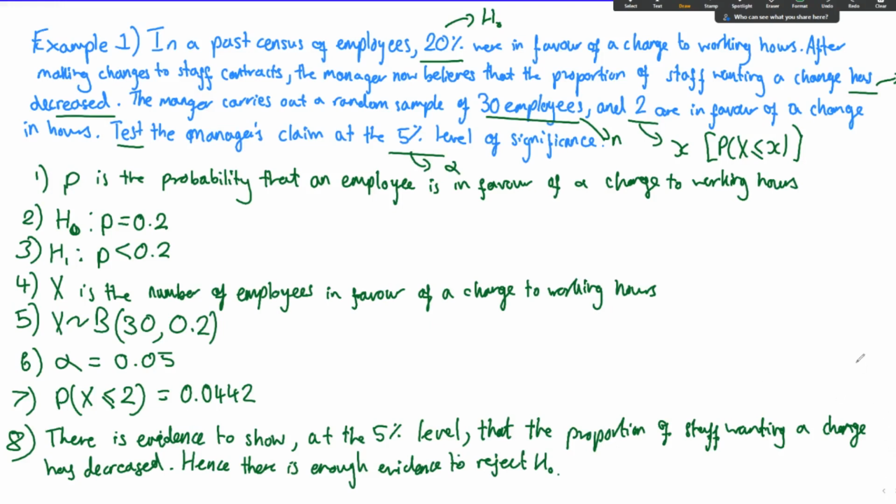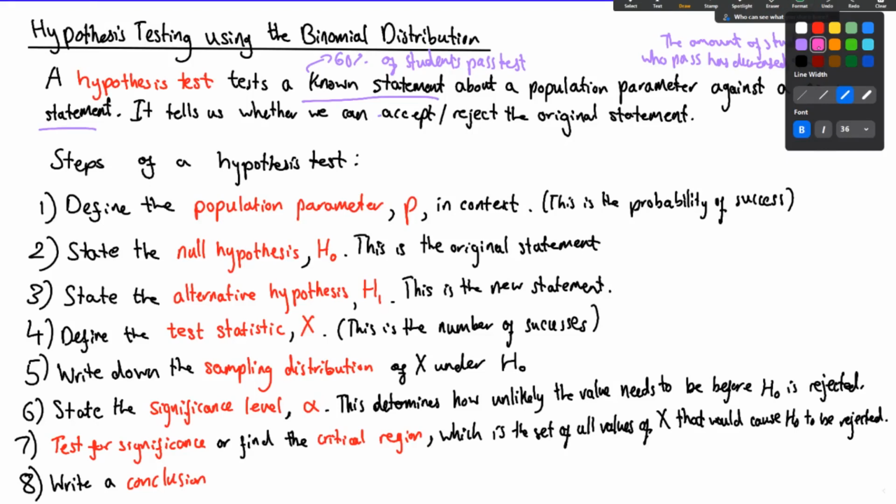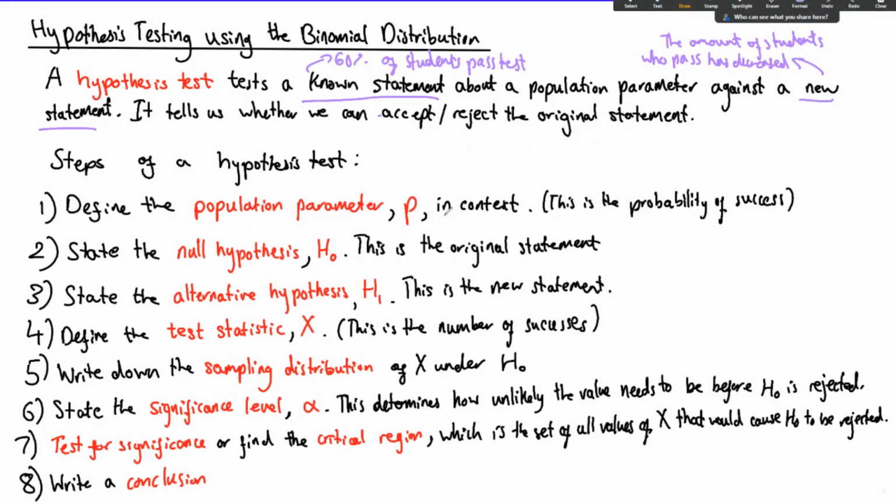Alright, so let's just now go back and relate all of this to the binomial distribution. So our population parameter and our test statistic are quite self-explanatory, but our null hypothesis will always be in this form: P equals some probability A. And then our alternative hypothesis has three forms.